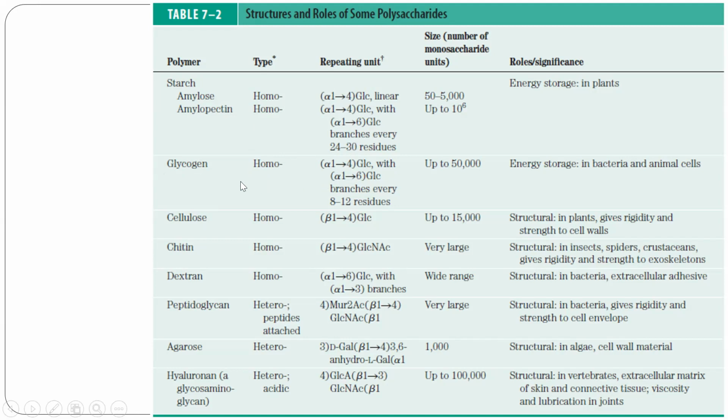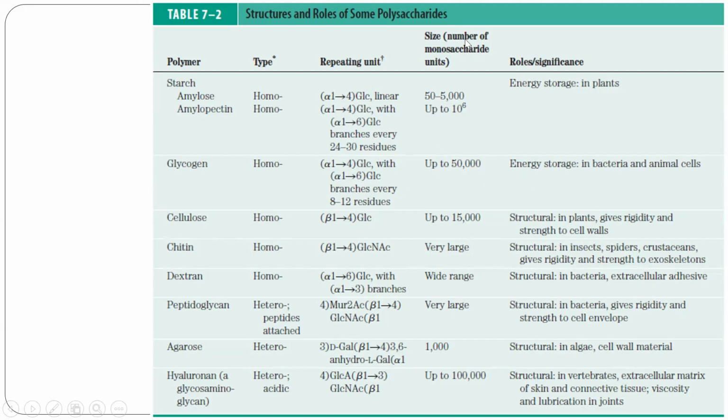But the difference of glycogen from amylopectin is that amylopectin branches every 24 to 30 residues, while glycogen branches every 8 to 12 residues. Its branching is shorter. The size is up to 50,000 monosaccharides. It's an energy storage in bacteria and animals.